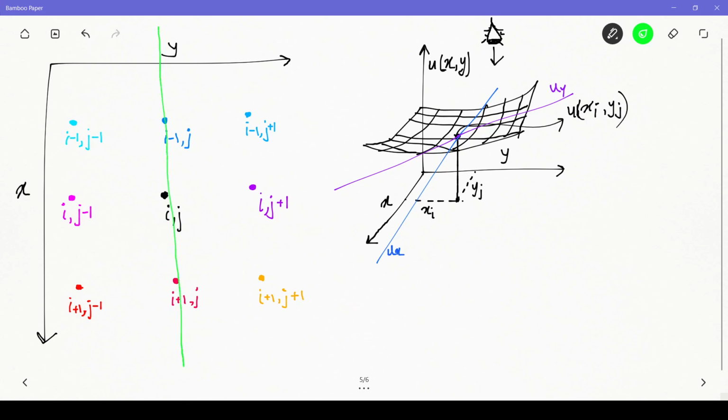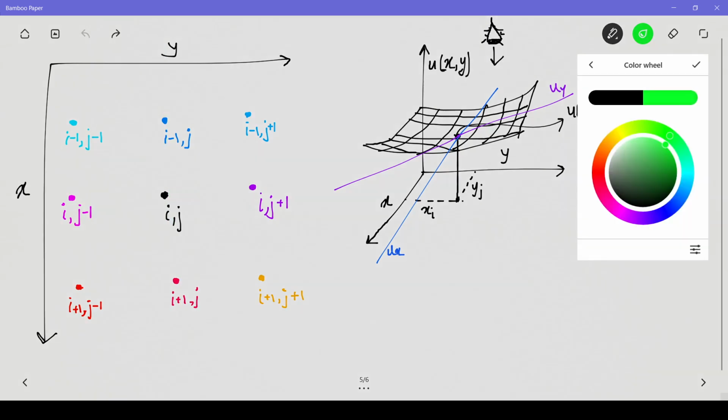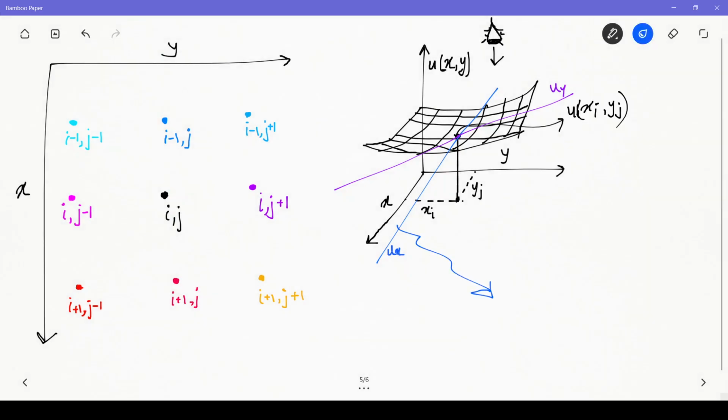So the green line has to pass through both of these 2 points, right? So this green line over here. For consistency, let me use the same color. So this blue line that we have just drawn, we are going to draw it in this grid space over here. It would look roughly something like this, right? This will be my ux, because we utilize this point and this point in order to apply our central difference formula to approximate our ux, right?